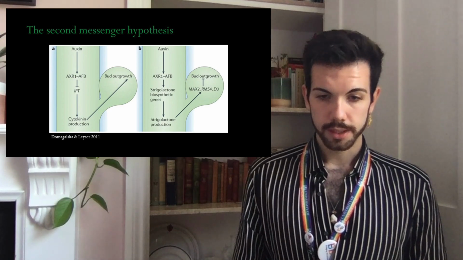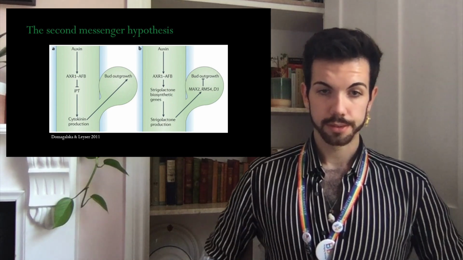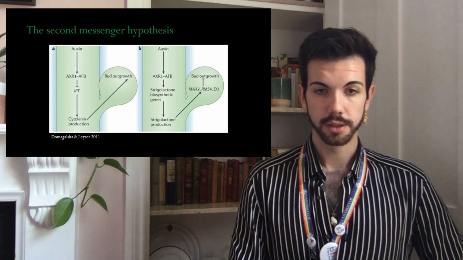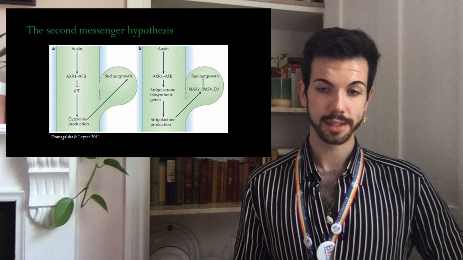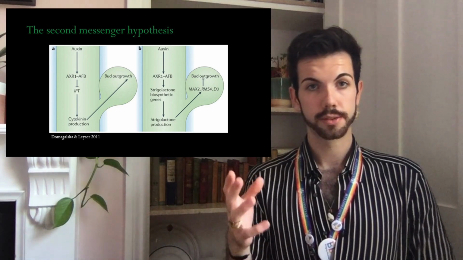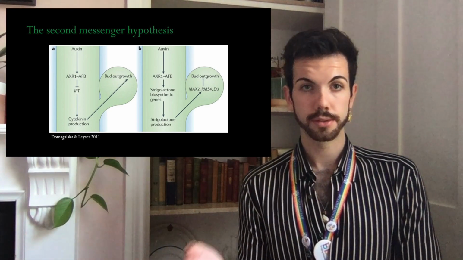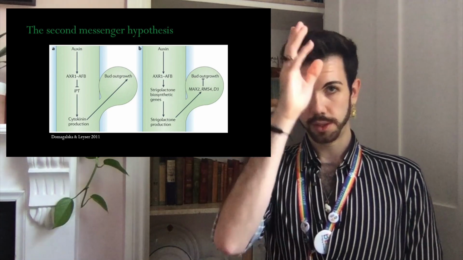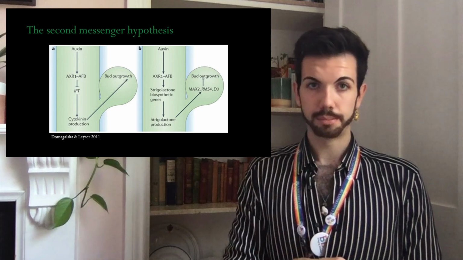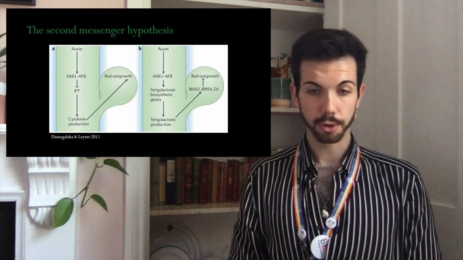And the other one is the second messenger hypothesis. So this works on the basis that auxin doesn't directly influence bud activity, which we know is true because through radiolabeling experiments, auxin doesn't ever actually enter the bud. It only travels through the main stem if it's being supplied from the top.